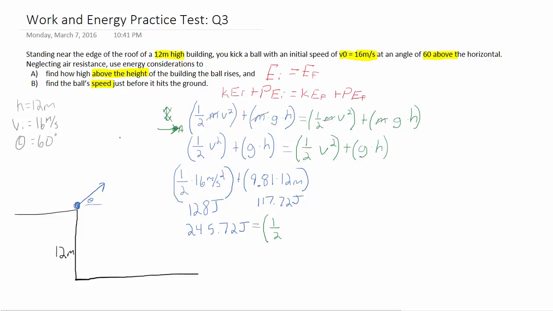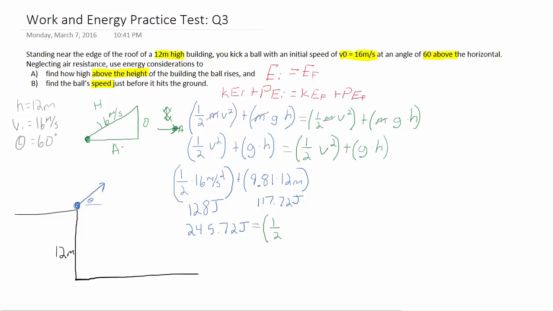So how do we get that? Well, we can draw a triangle. All right, and the ball starts right here and it's being kicked, and its speed along here is going to be 16 meters per second. And this is our hypotenuse side of the triangle. This will be our adjacent, and this will be the opposite.